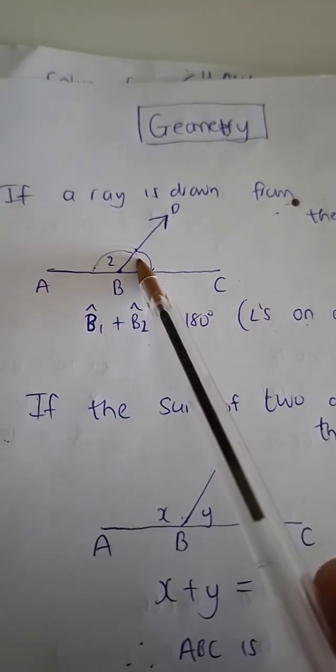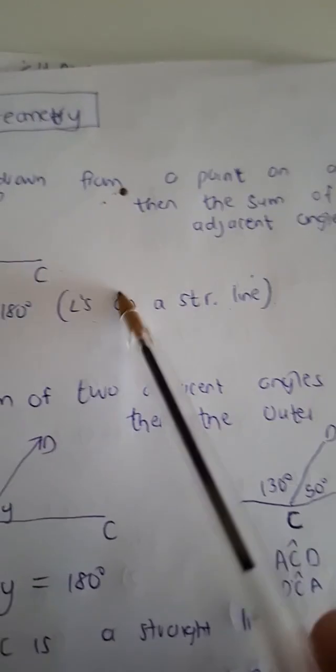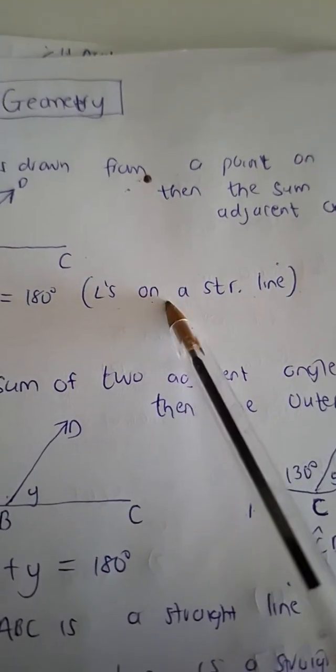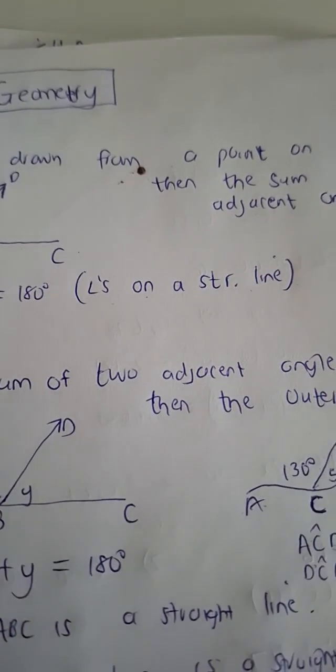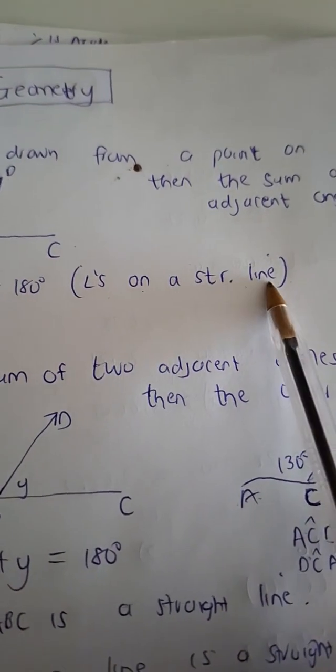So that's why we say angle B1 plus angle B2 gives us 180 degrees, and our acceptable reason, using the acceptable reason document, is angles on a straight line.